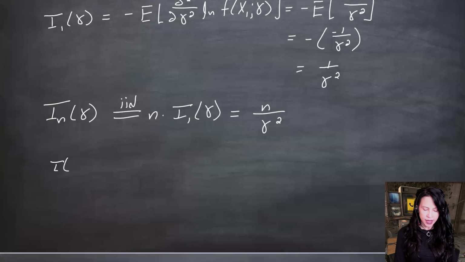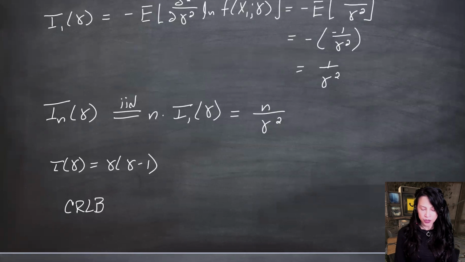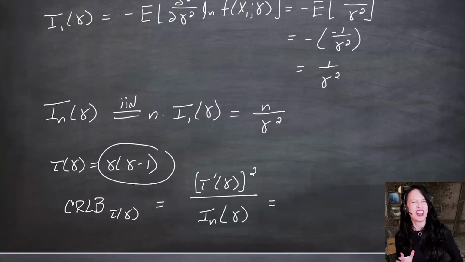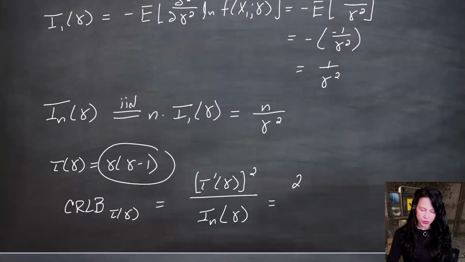So remember that our function of gamma was gamma minus 1. And the Cramér-Rao lower bound for this function is the derivative of the function squared over the n-dimensional Fisher information. And the derivative of this, just multiply it out. It's gamma squared minus gamma. We'll get 2 gamma minus 1.